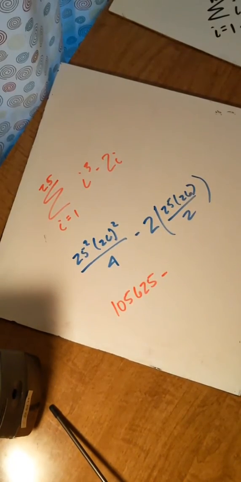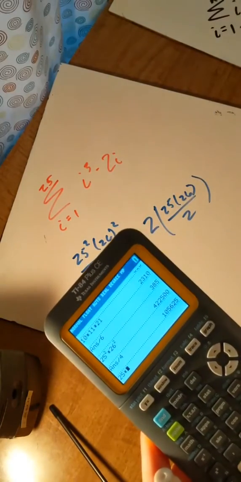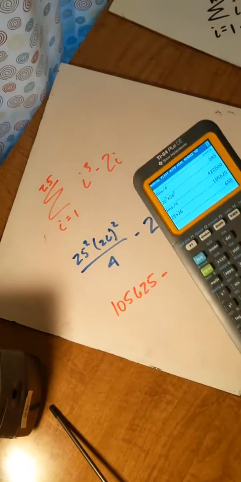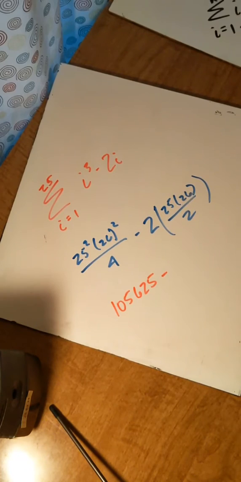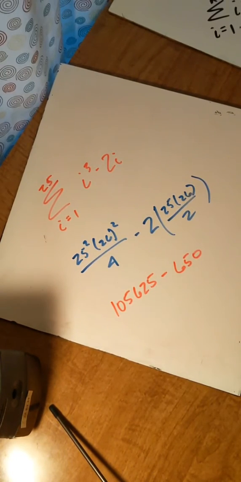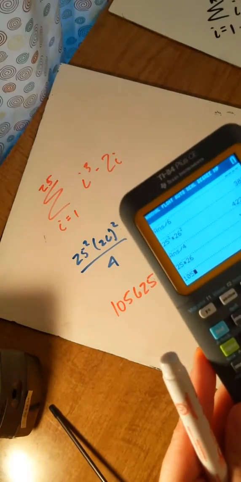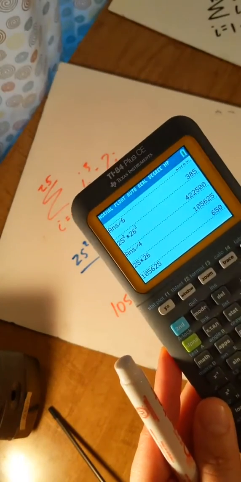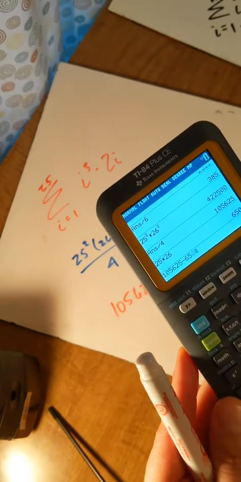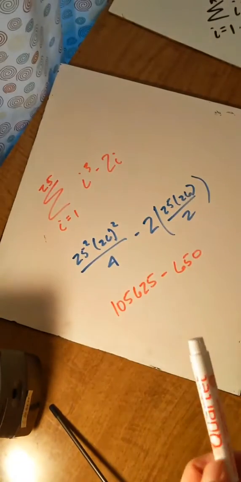And then minus 25 times 26. We'll just do 25 times 26, which is 650, because if we divide by 2 and then times by 2, they cancel out. So then we need to subtract those two answers. So 105,625 minus 650, 104,975.